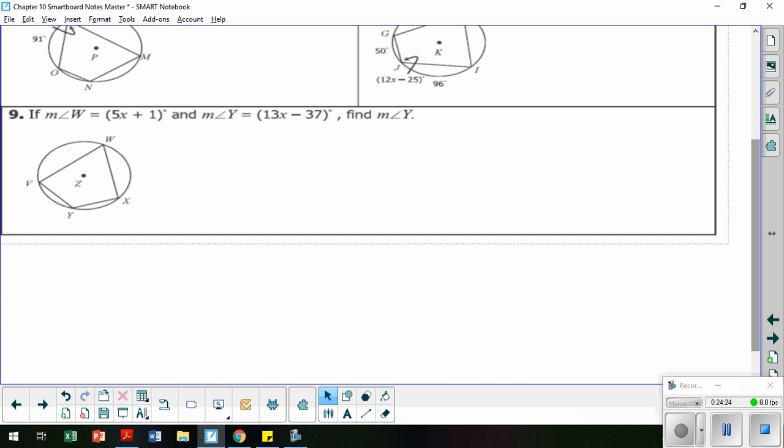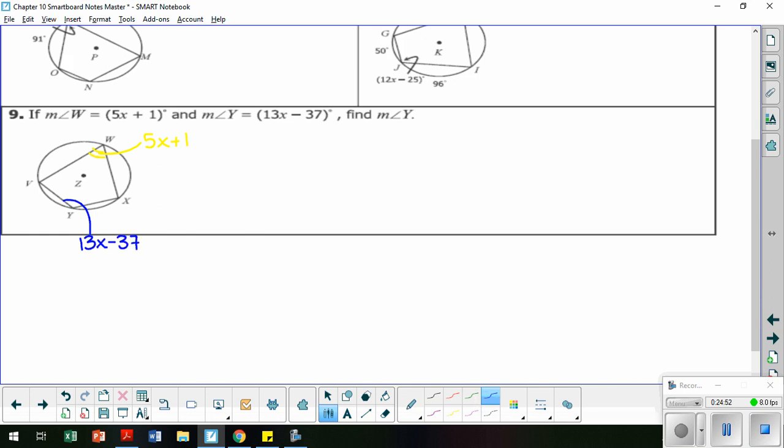Let's look at 9. Looking at 9, the measure of angle W right here is going to be 5x plus 1. The measure of angle Y, which is this guy, is 13x minus 37.